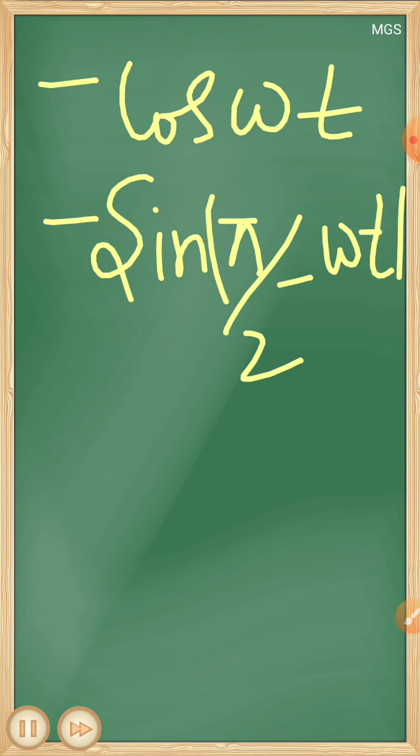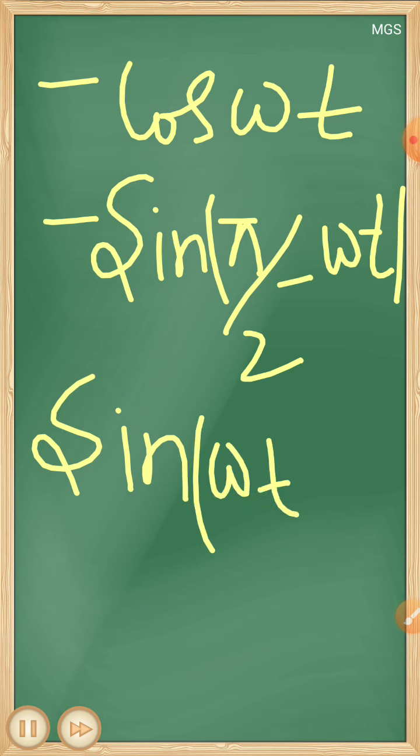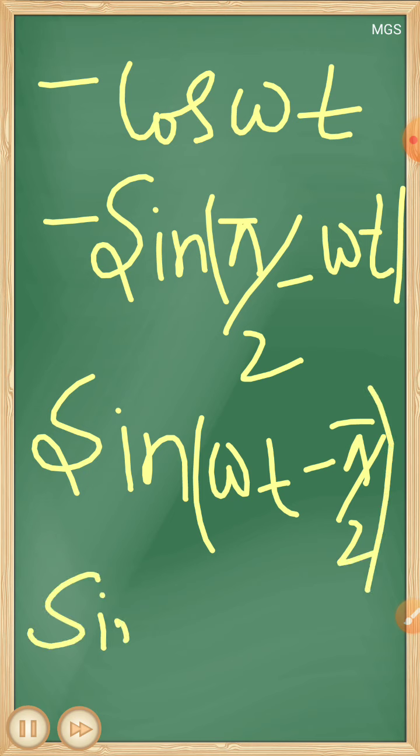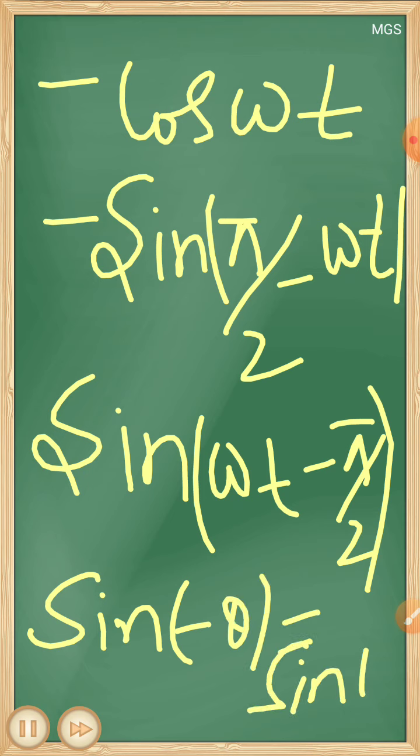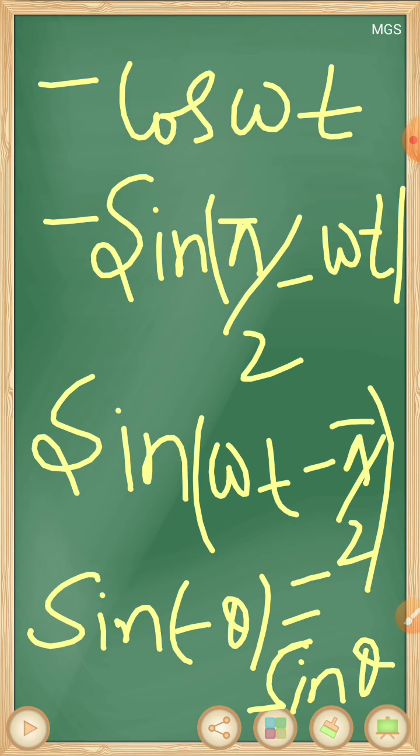But here we are writing 90 minus omega t, because when we bring this negative sign in the angle, then sine minus theta is minus sine theta, so both get reversed and omega t becomes positive. So it will become sine omega t minus pi by 2. In place of pi by 2 minus omega t, if we write plus omega t, then after inserting the negative sign within the angle, omega t becomes negative. So we cannot write plus omega t here.